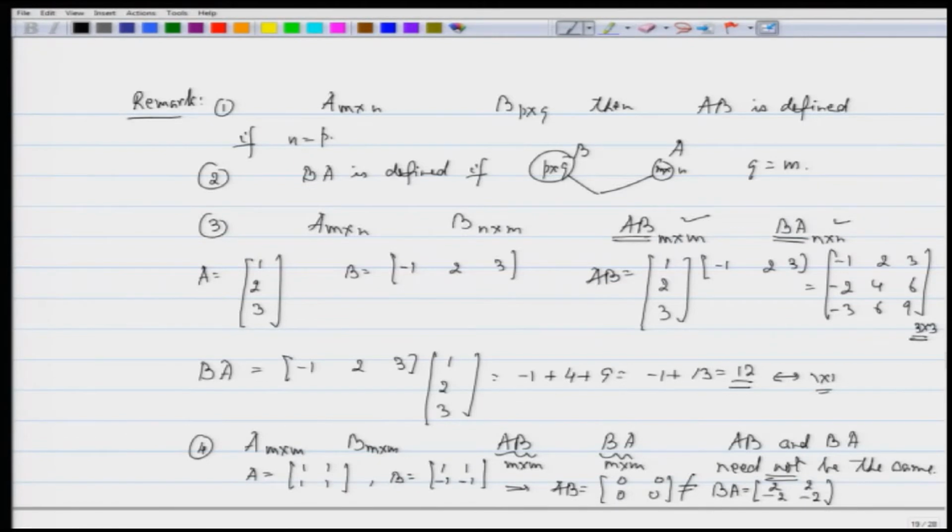So, you have to be careful when you do matrix product. And not only that, we also saw in the previous slide that A and B were non-zero matrices, each entry non-zero, but still the product AB could become 0.